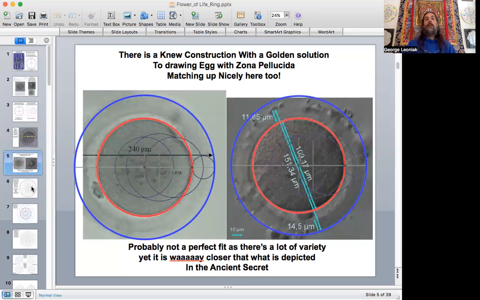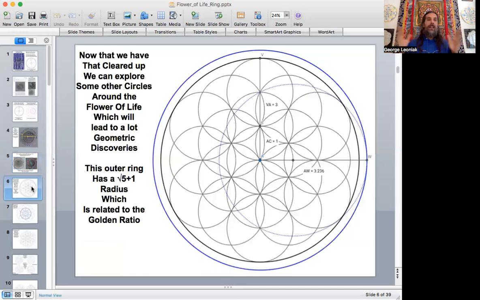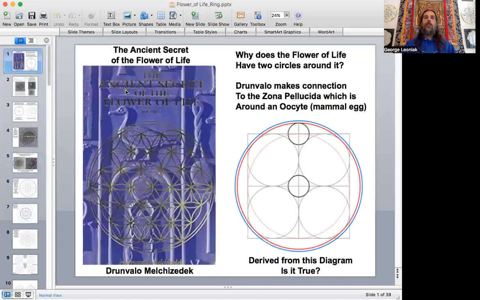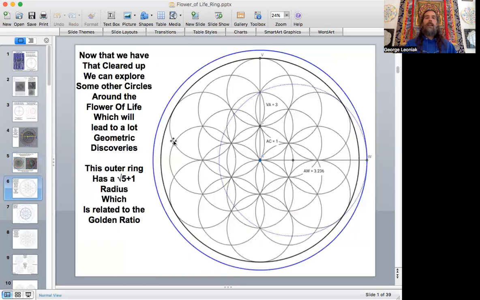All right, so anyway, that's just to get started. Now that I got that little piece cleared up, I wanted to explore, and this is really why I went back to look at the outer ring of Drunvalo's diagram here in the book, because I came up with this construction that is going to lead us to some very cool discoveries in just a moment.